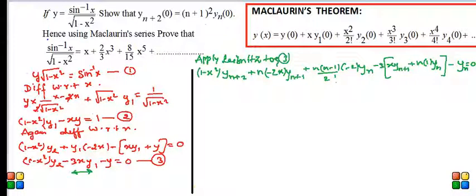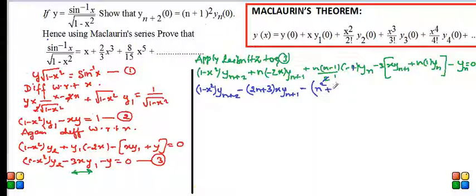Simplifying this, first function as it is, taking xy n plus 1 common from second and fourth, minus also common, 2n plus 3 xy n plus 1, again I am taking minus common, this 2 gets cancelled, and yn also common, so this is n square minus n plus 3n.